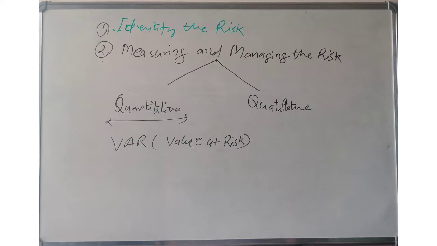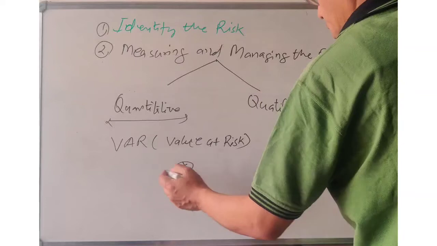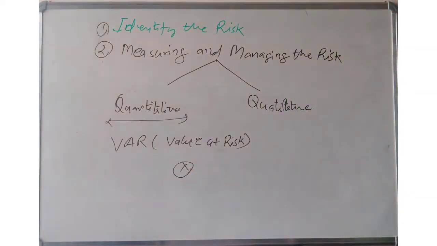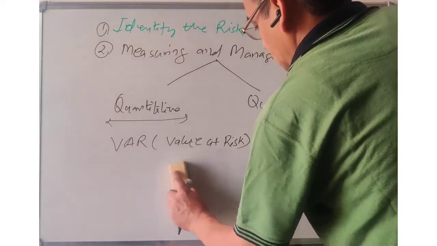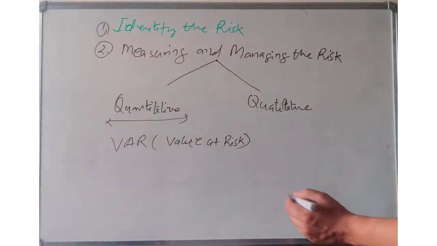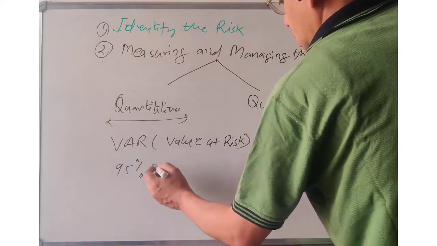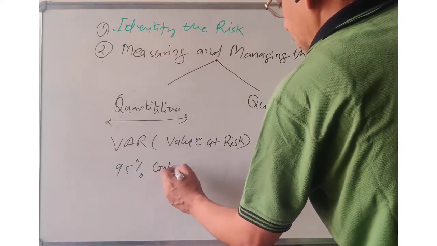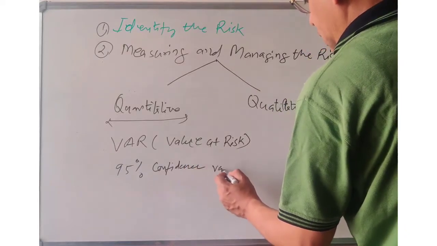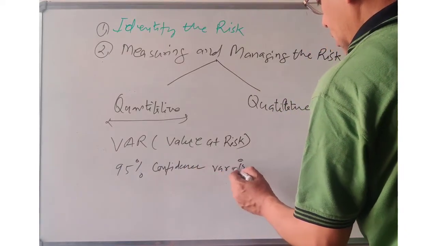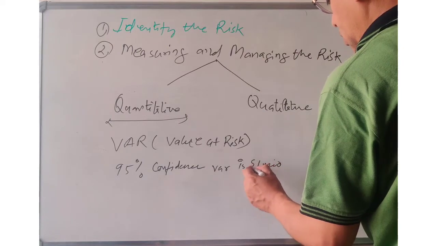Let me give you a hypothetical example of how VAR is displayed. With a 95% confidence level, the VAR of a company is 1 million.